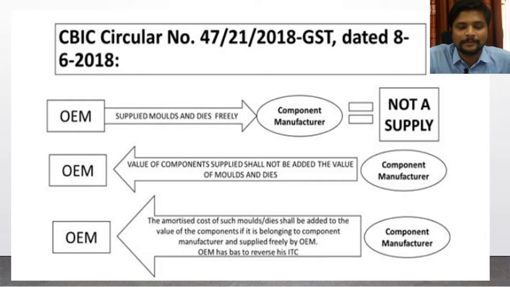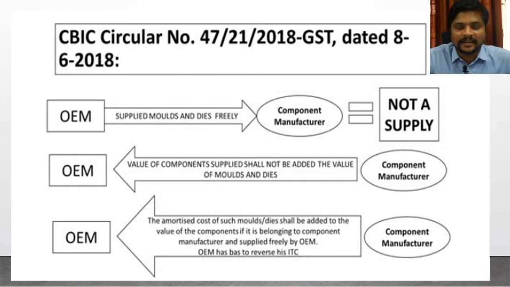What does the department say? The department again says, since the original transaction, which is the supply of molds and dies by the OEM to the component manufacturer, is not to be considered as supply, the cost should not be charged to the component manufacturer. So whatever supply is made by the component manufacturer to the OEM using the molds and dies will not include that in the valuation.